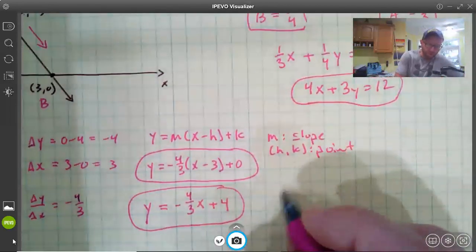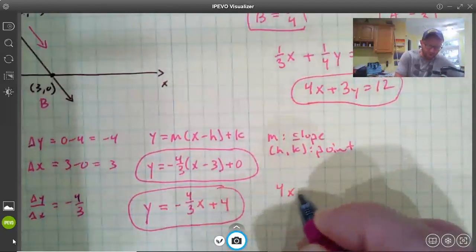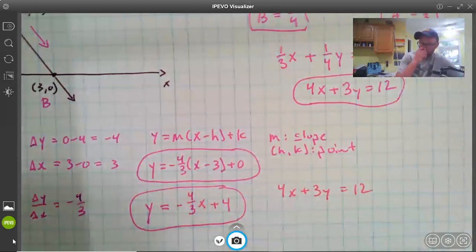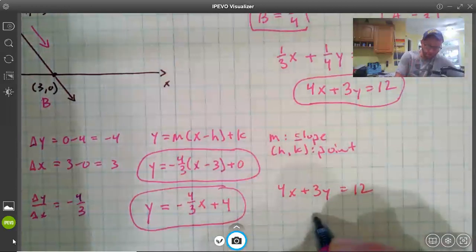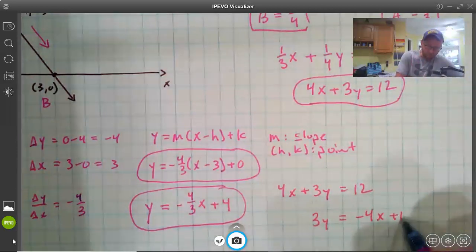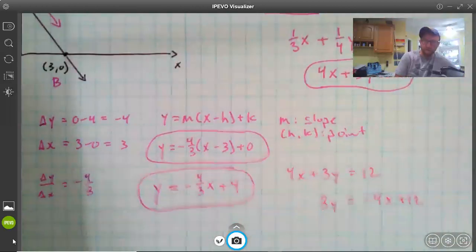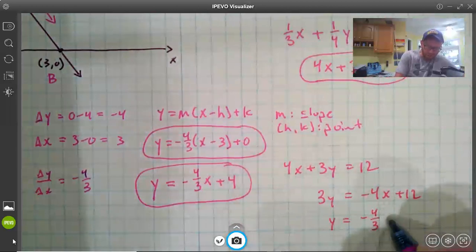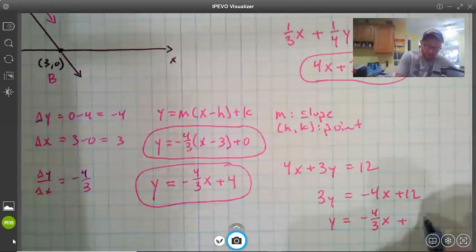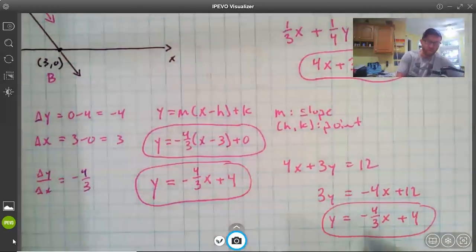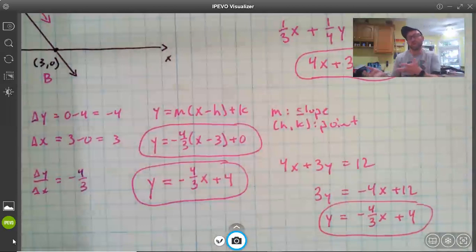I'll copy it down here: 4x plus 3y equals 12. So 3y equals negative 4x plus 12. Divide everything by 3, and I get y equals negative 4/3 x plus 12 divided by 3 is 4. So if I turn either of these equations into slope-intercept form, I get the same equation.